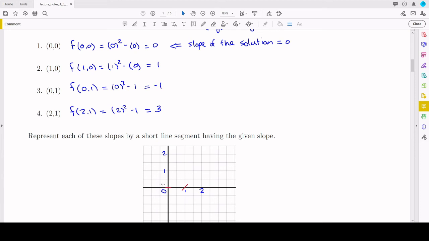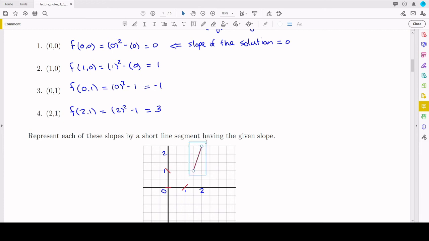And then at 0 comma 1 right here, the slope is negative 1. So I want to draw a line here. This is approximately a slope of negative 1. And then 2 comma 1, that's the point over here. The slope is 3. A slope of 3 is a rise of 3 and a run of 1.